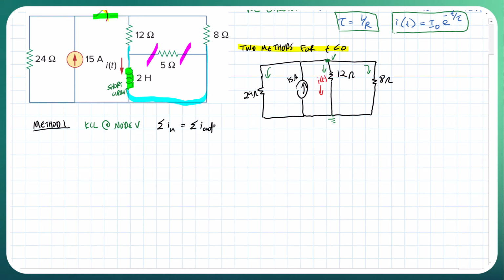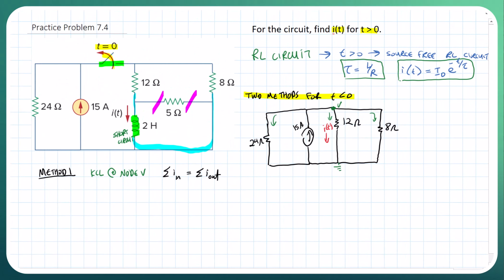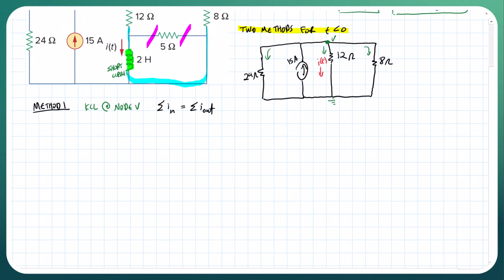If we look at the circuit on the right here, essentially going through node V, we have 15 equals V over 24 ohms plus V over 12 ohms plus V over 8 ohms.